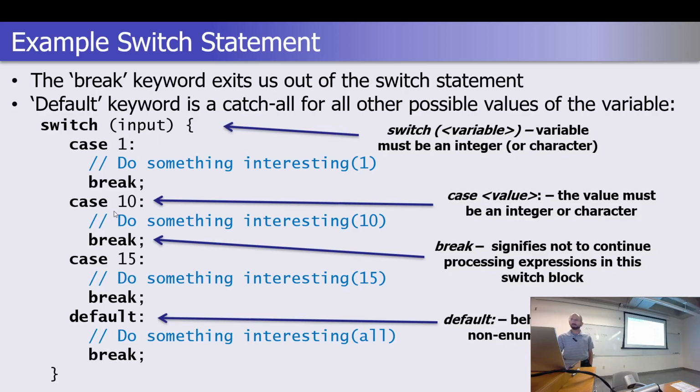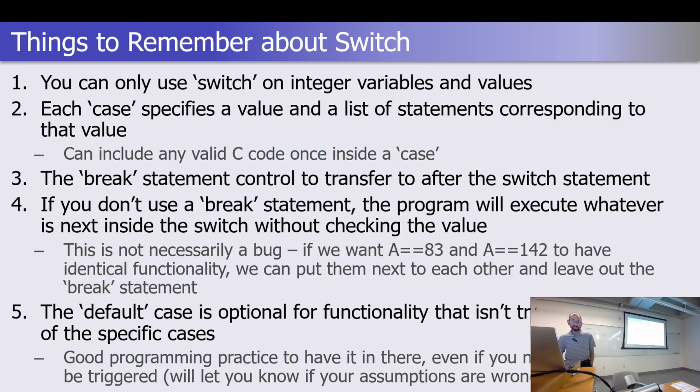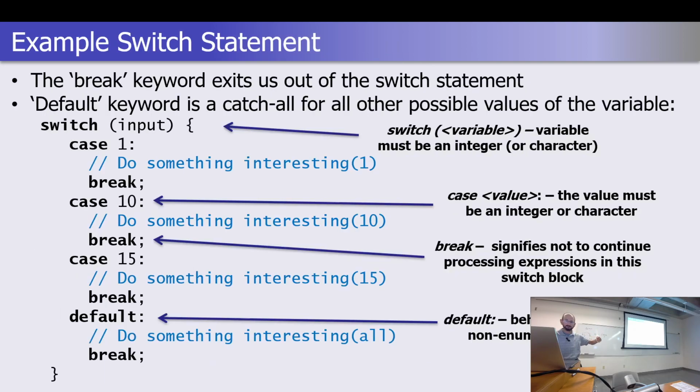Technically, and there are some circumstances, we'll do one today that allows for this, you don't have to have that break statement. If you don't have that break statement, the program will just continue on to whatever the next line in your code is. So for instance, if I didn't have this break statement right here, you can see that mouse cursor, right?